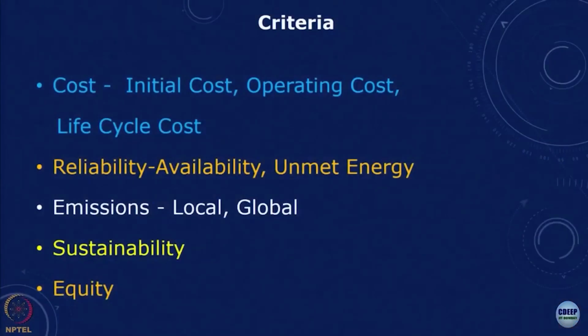And for all of these decisions, there could be different kinds of cost criteria. The cost criteria, we looked at initial, operating, life cycle cost, reliability, emissions, sustainability, and equity. In primary energy, we will be looking at the total amount of energy and the issues related to sustainability and emissions.